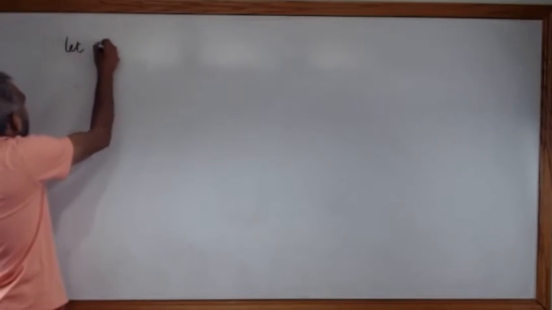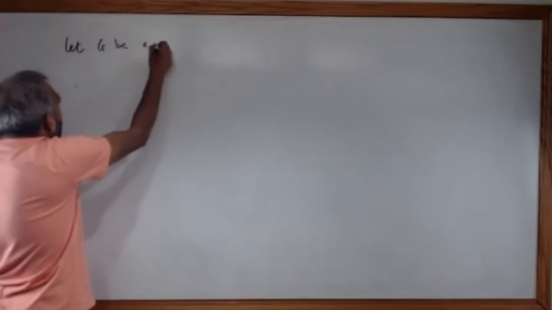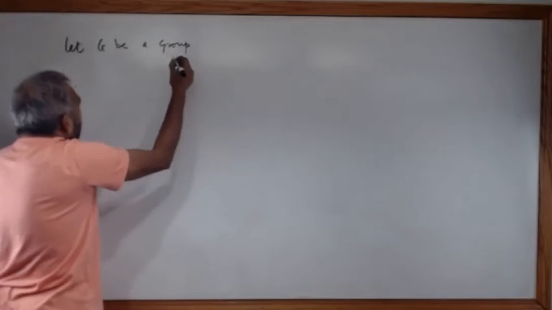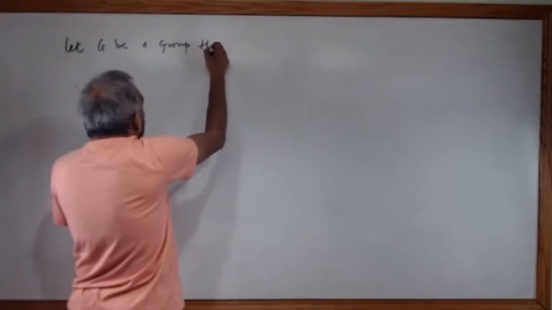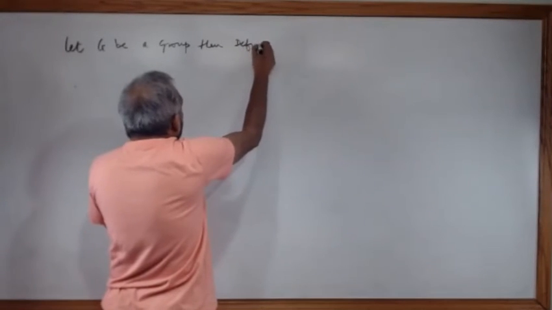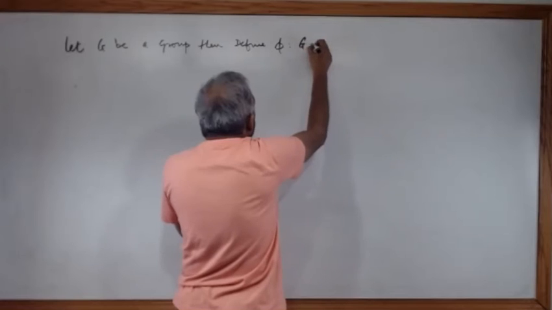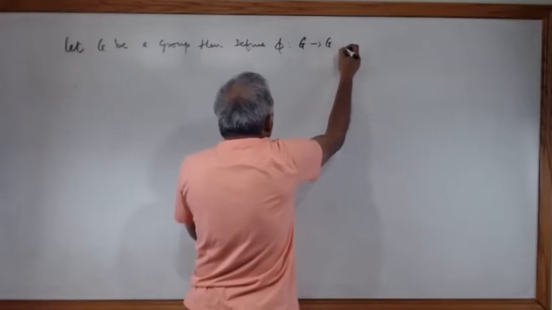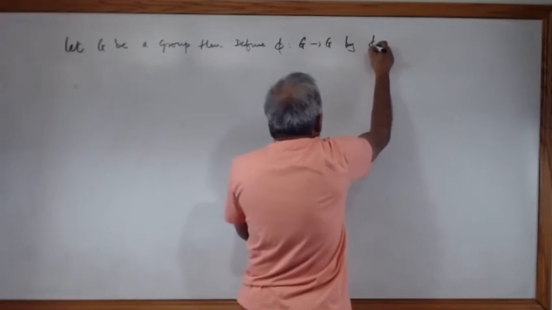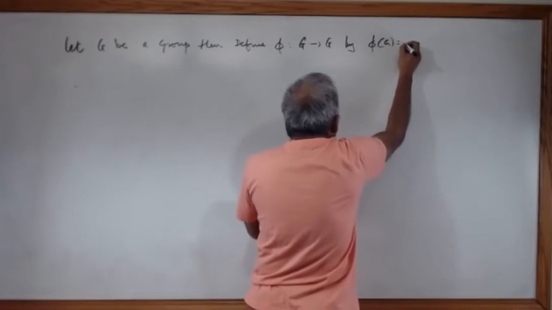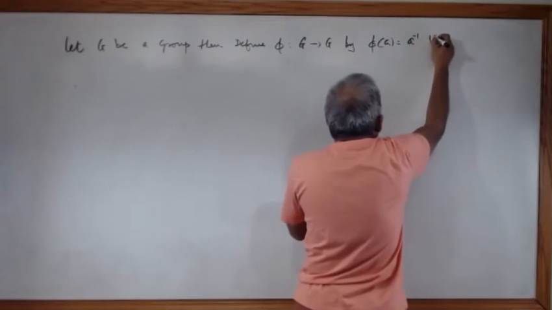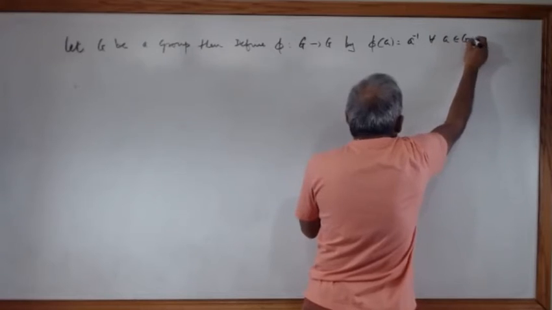Let G be a group, then define phi from G to G by phi of A is equal to A inverse for all A in G.